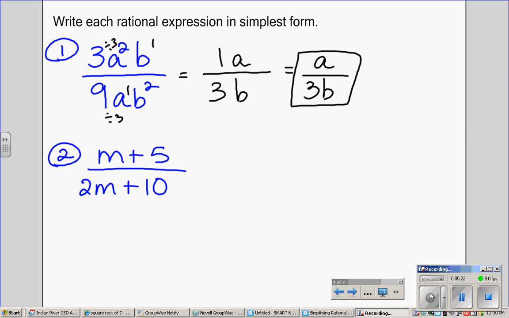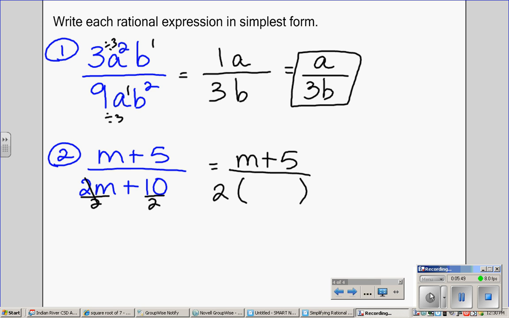Number 2, when you see adding or subtracting, you're going to try to factor first. If I look at the numerator, m plus 5, there's no greatest common factor, so that's going to stay m plus 5. The denominator, I have a 2 and I have a 10. Those can be divided by 2. So I'm going to take that 2 out and divide both of these by 2.